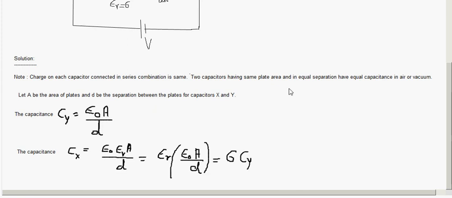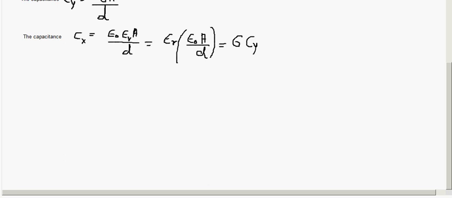Now we can easily get the relation between the energies. The energy stored in a capacitor is U equal to Q square by 2C.